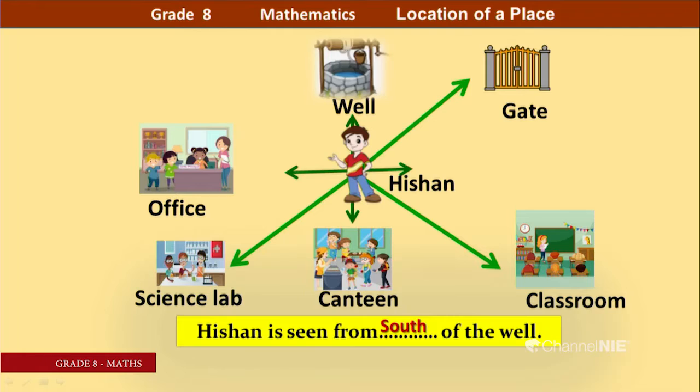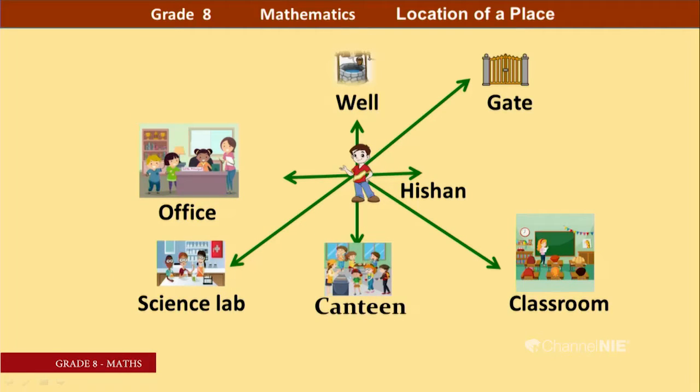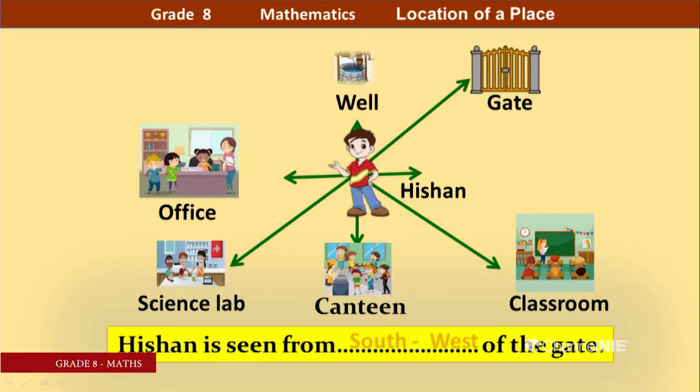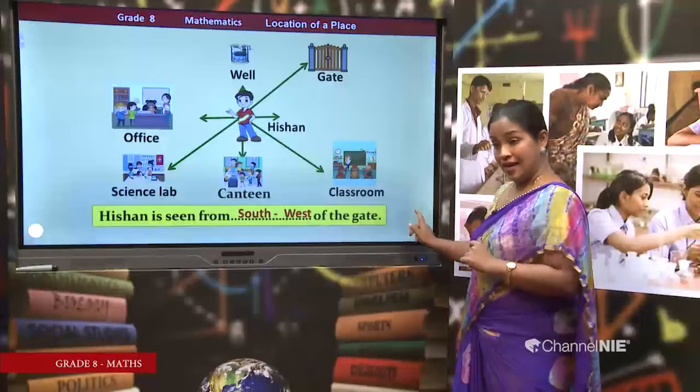Move on. Next, we are going to compare the position of Hishan as seen from the gate. Yes, we will try to identify the direction. Now, you are at the gate, you are looking at Hishan. What is the direction? Yes, you are correct. So, Hishan is seen from southwest direction of the gate.